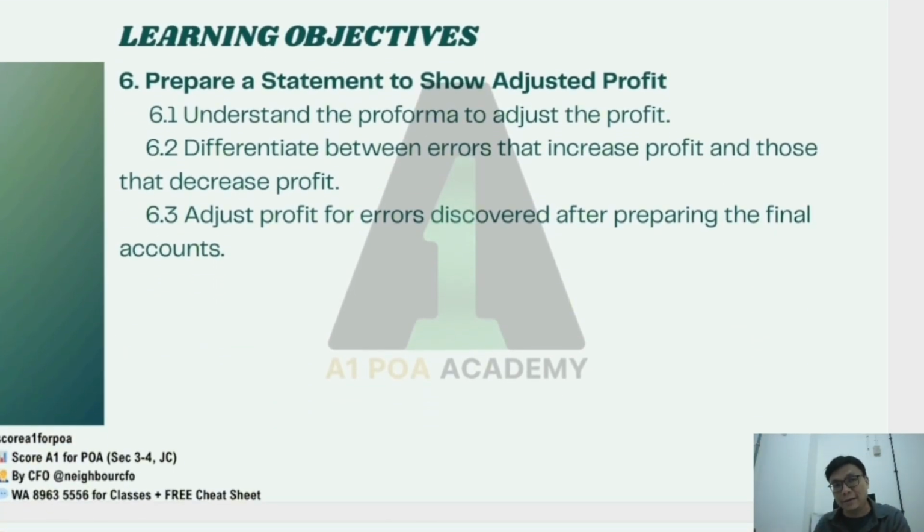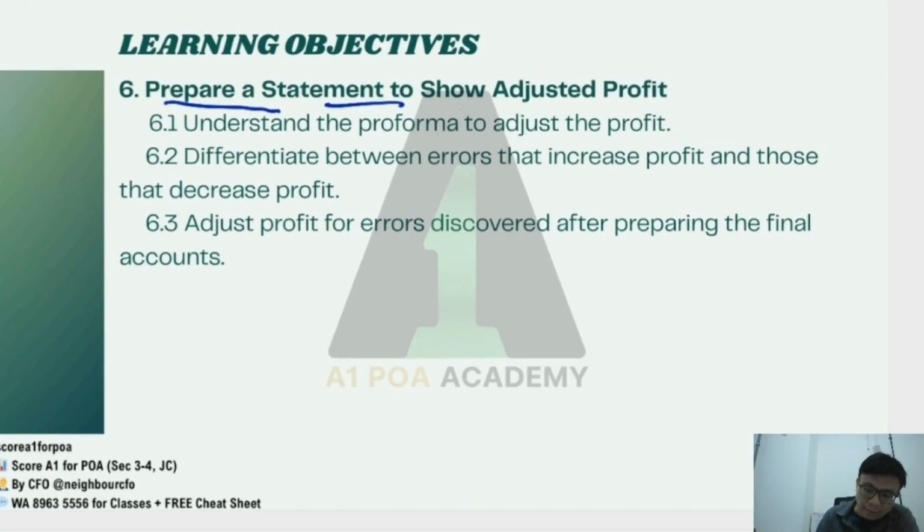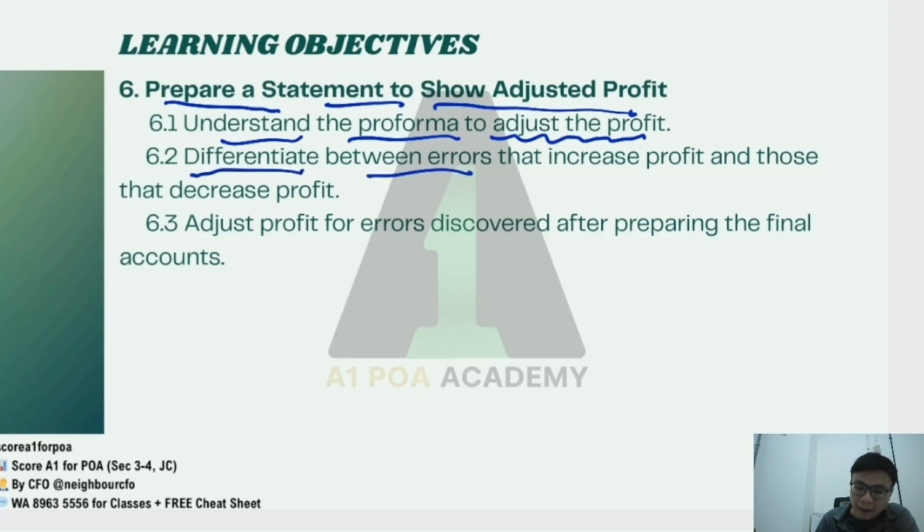Finally, in the last LO6, we want to be able to prepare a statement to show an adjusted profit. So basically, it is like a pro forma statement to be able to show the figures before and after. And therefore, to be able to understand the pro forma, to adjust the profit, and to have the ability to differentiate between errors that increase profit and those that decrease profit.